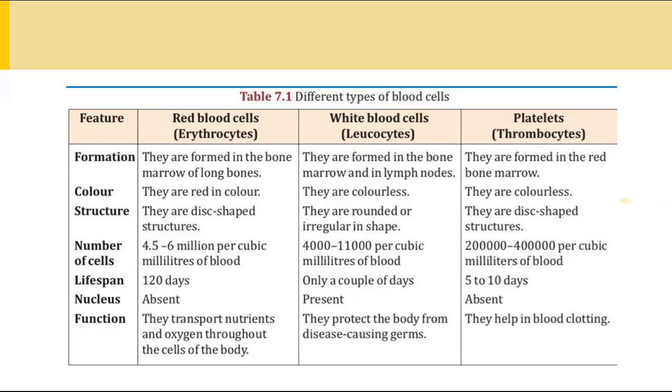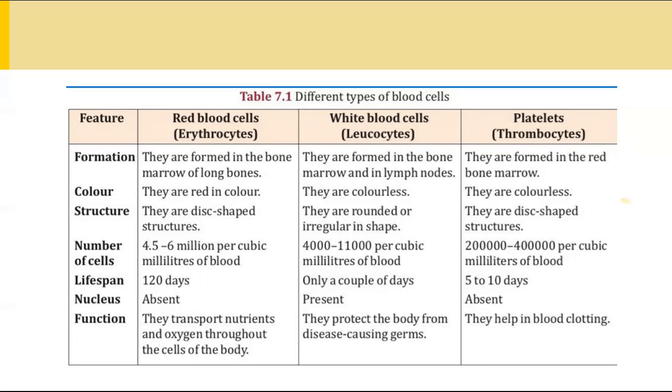And the number of cells: red blood cells are present at 4.5 to 6 million per cubic millimeter of blood, white blood cells are 4,000 to 11,000 per cubic millimeter, and platelets 2 lakhs to 4 lakhs per cubic millimeter of blood.